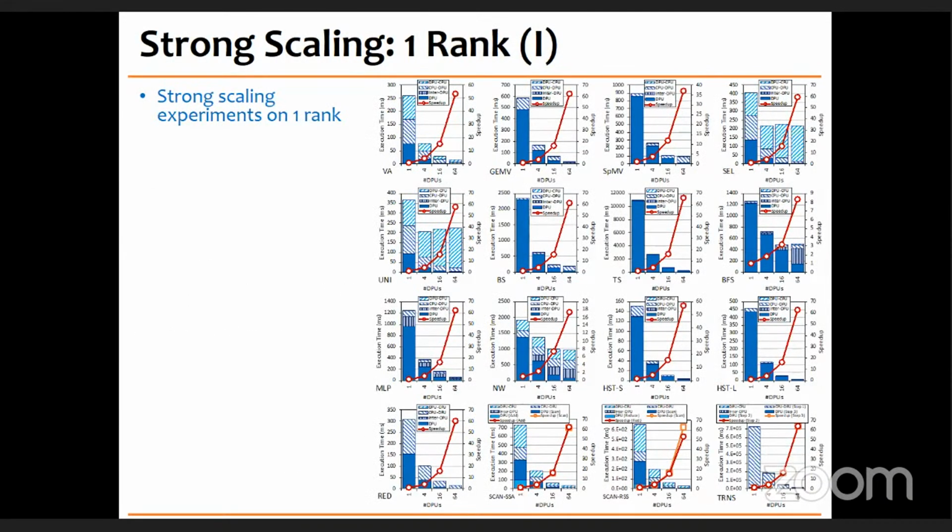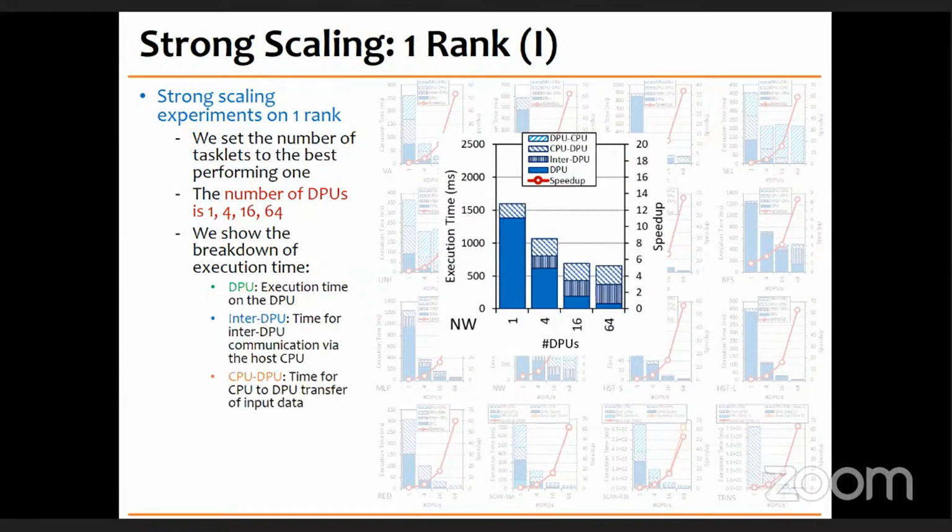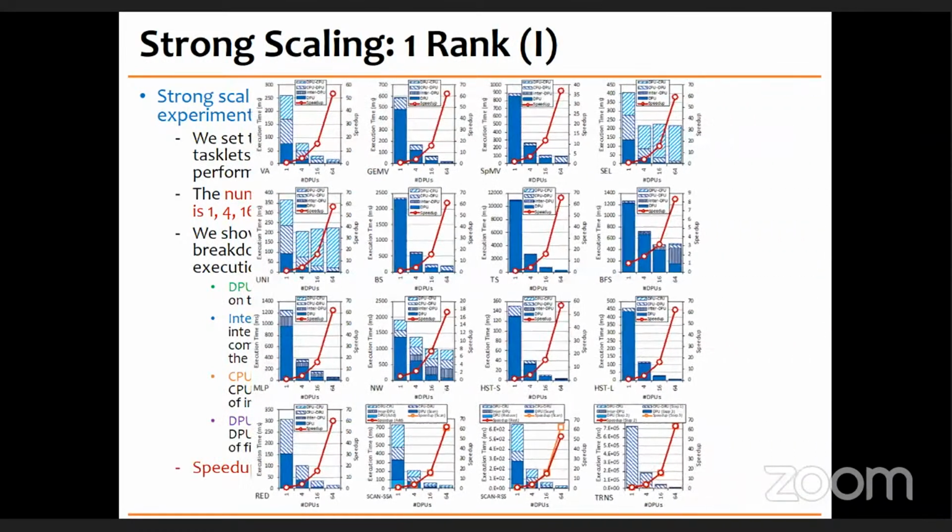Also for the strong scaling analysis on one rank. In this case, we are increasing the number of DPUs. We use the same number of tasklets per DPU that we obtained from the previous experiment. And here in some of the cases, we will have inter-DPU synchronization time, for example, in Needleman-Wunsch, a bioinformatics workload, and then speedup over one DPU.